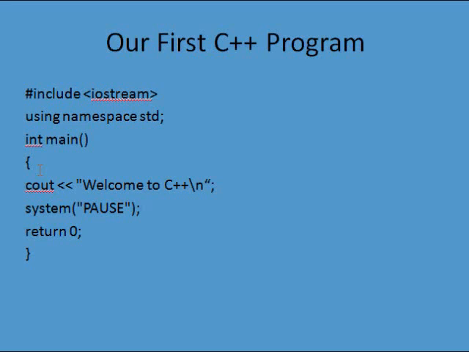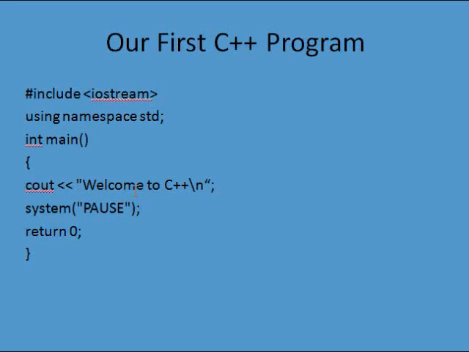You see you have the open bracket, and then we have the cout statement, and then we have the system pause statement, and then the return 0 statement. The cout tells the compiler that we're going to output something, and in this case we're outputting welcome to C++. And these less than symbols are called insertion operators, and that is what sends this line of text out into the console window.